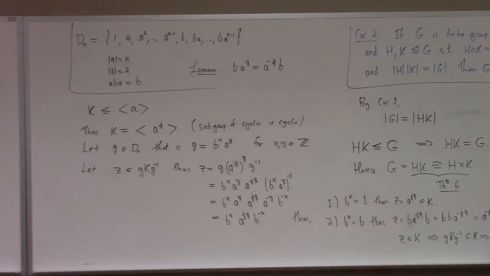We started with z is g times a to the jq g inverse. And then in our second case, where b to the x is b, we have z equals b, a to the jq, b. That might not be fair to it. But I don't think we know that that's in k yet. We have to prove that's in k. So it's important to commute the b to make it go away.